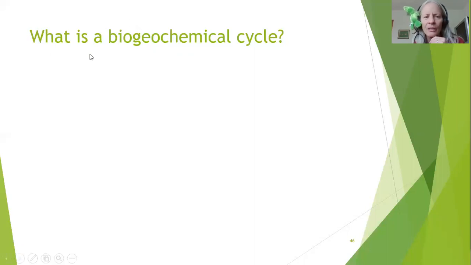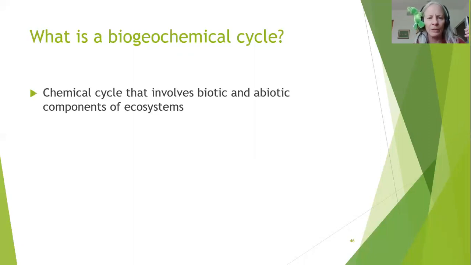Bio means life. So a biogeochemical cycle has chemicals that are spending part of their time in living things, and then geo means earth, and so part of their time in non-living things, could be in the soil or in the atmosphere. So a biogeochemical cycle involves both living and non-living components of ecosystems.